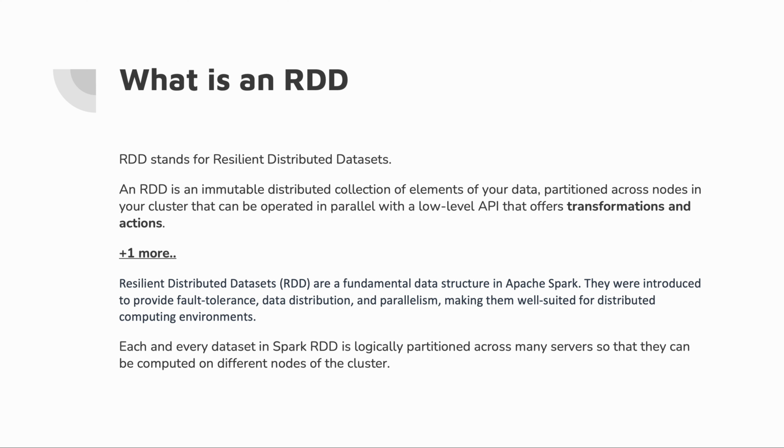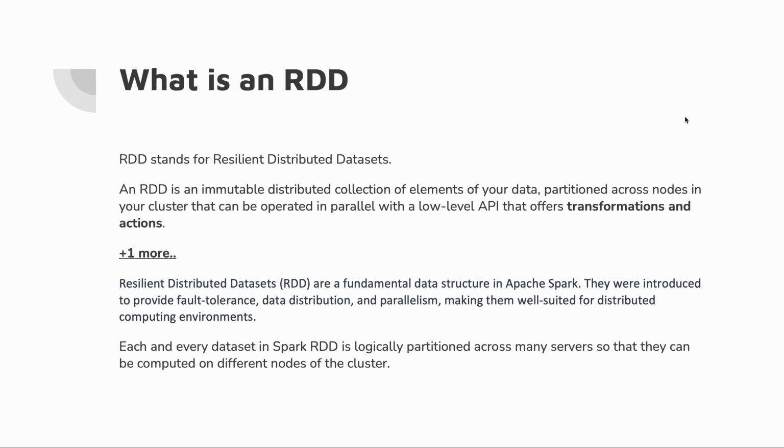Distributed means once we read the data, we partition the data and distribute it to multiple machines. So these two features provide us fault tolerance, data distribution, and parallelism, making them well suited for distributed computing environments. Hope this makes sense.